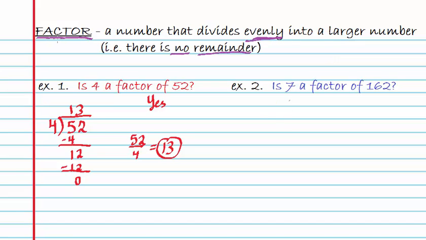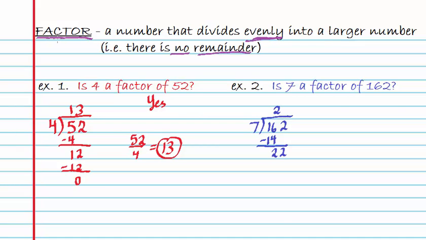So example 2, it says, is 7 a factor of 162? Let's check that out. I'm going to perform 7 divided into 162. 7 does not go into 1, but 7 goes into 16 twice. 2 times 7 is 14. 16 minus 14 is 2, and I bring down the other 2.